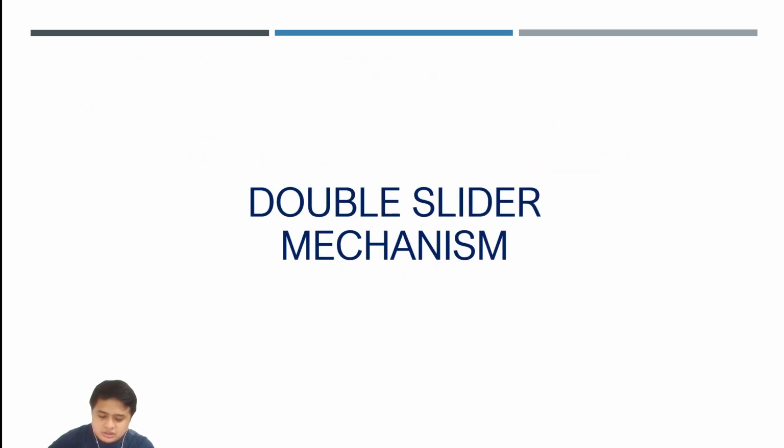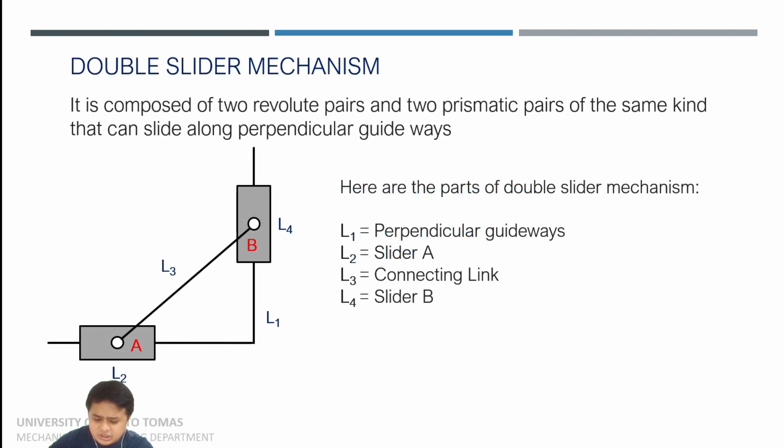So another special type of four-bar linkage or four-bar mechanism is a double slider mechanism. A double slider mechanism is composed of usually two sliders, from the word itself, and then you have a connecting rod or connecting link, and then you have a guideway or a guide frame.